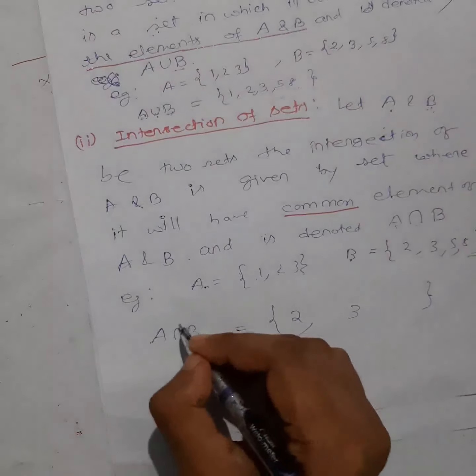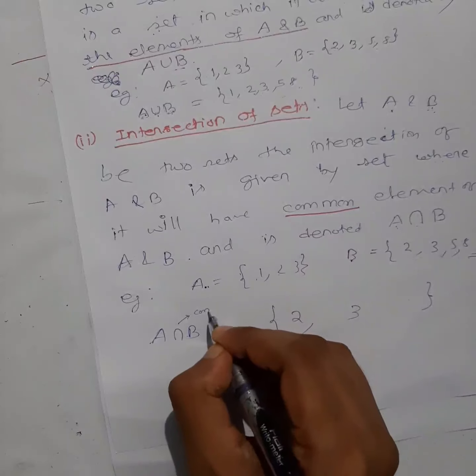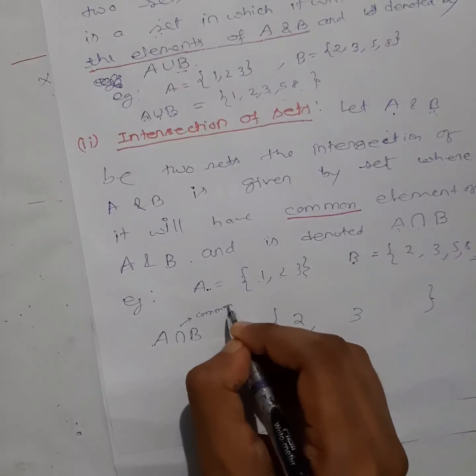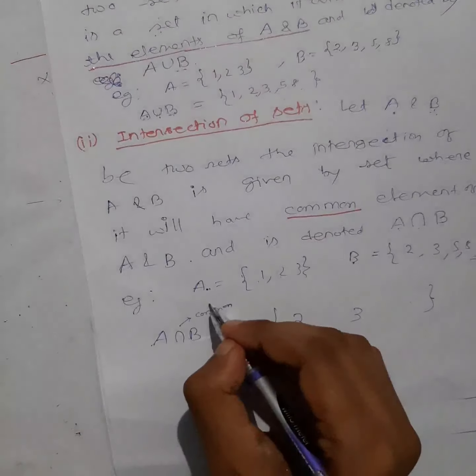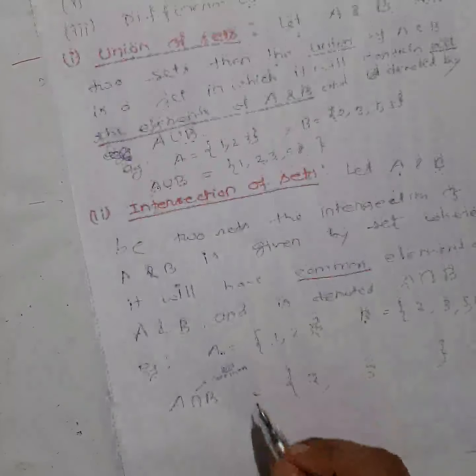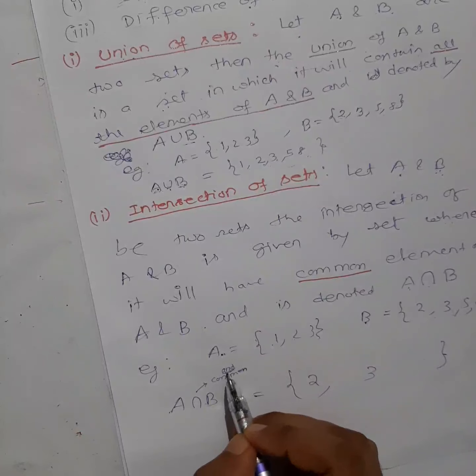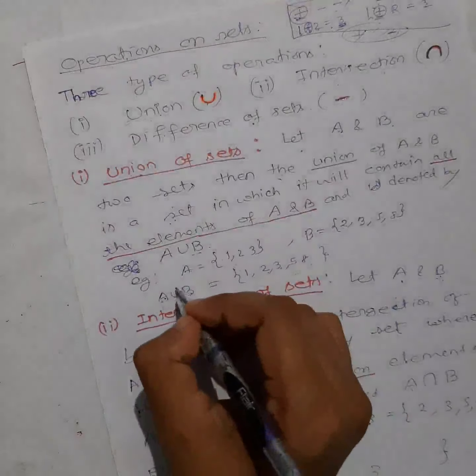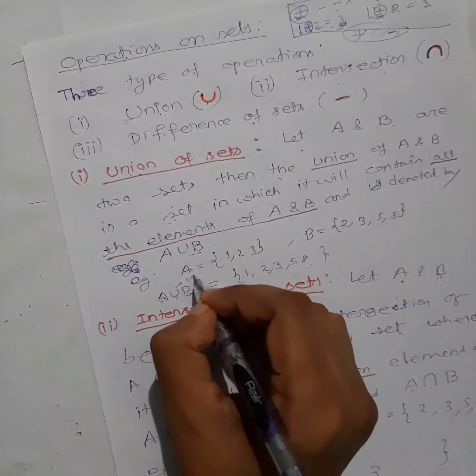So intersection means common elements. You can also write it as and. Why and? You will understand later, I will explain. Whenever there is the word and, we will use intersection, and here you can write or.